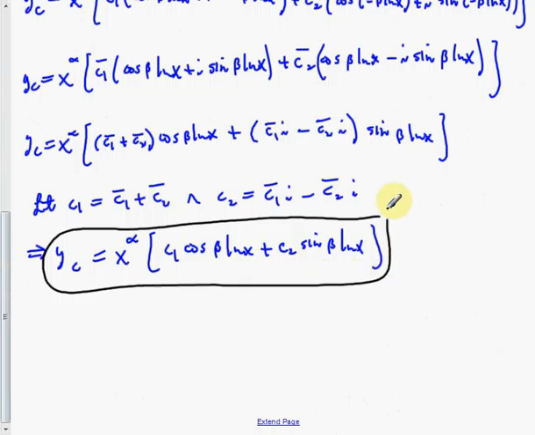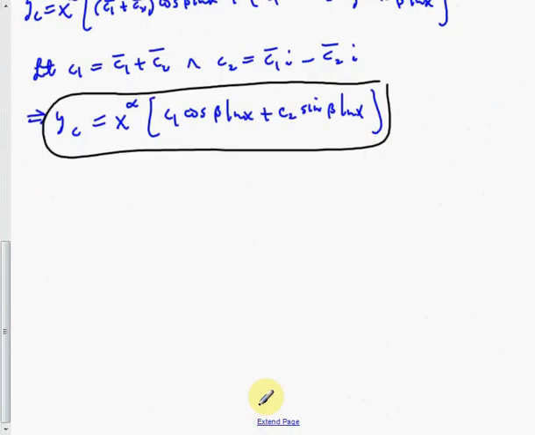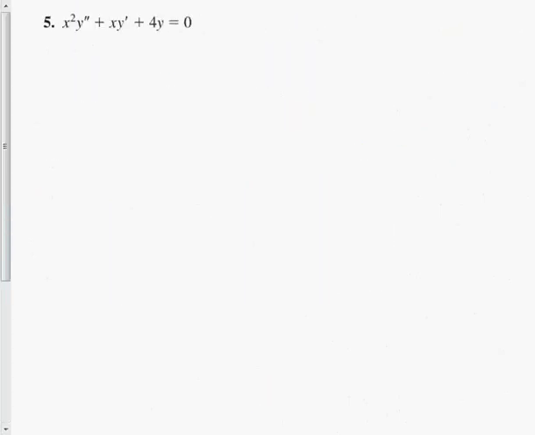Now let's look at a problem where we make use of this formula. Number 5. So I think you kind of get it. If it's y double prime, it's m times m minus 1 times x to the m minus 2. If it's y prime, it's m times x to the m minus 1.